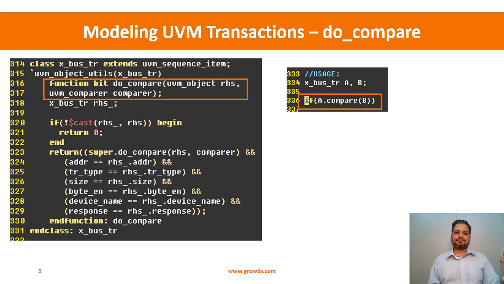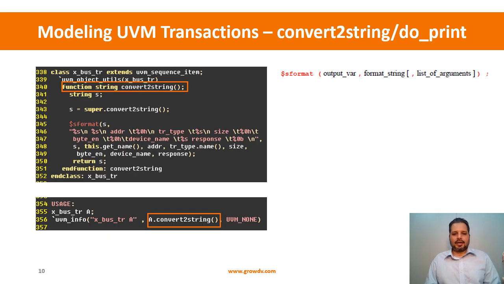Okay, let's move on to the next function that's present as a part of modeling a transaction, and that is convert to string. Convert to string is a function that's generally useful for logging debugging information. It returns the string data type, and typically this is the placeholder function that would be provided.